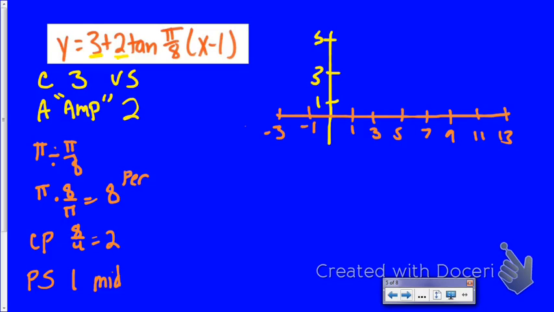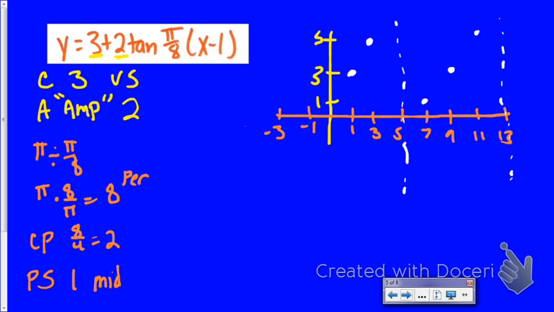Okay, so once my axes are all marked, all I have to do then is draw my graph. So follow the pattern that I have for my parent function. And what my parent function did was the first critical point is middle, followed by high, followed by an asymptote. After my asymptote is a low critical point, middle, high, asymptote.